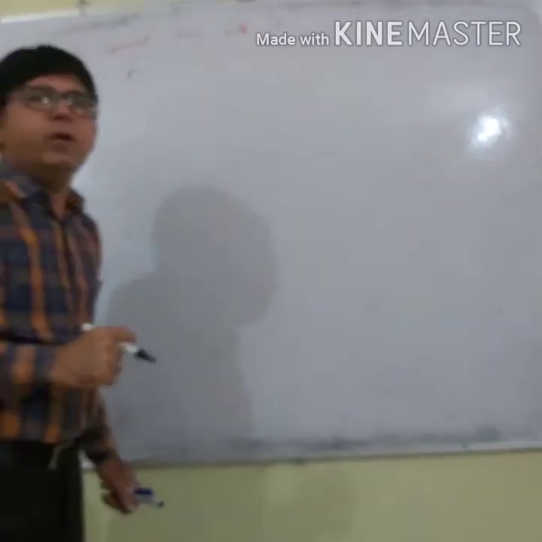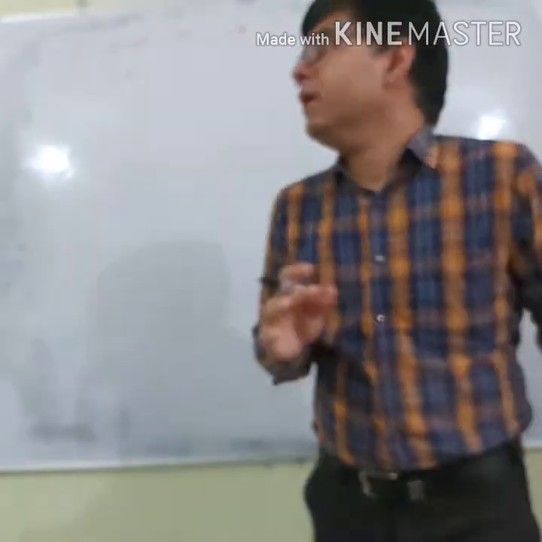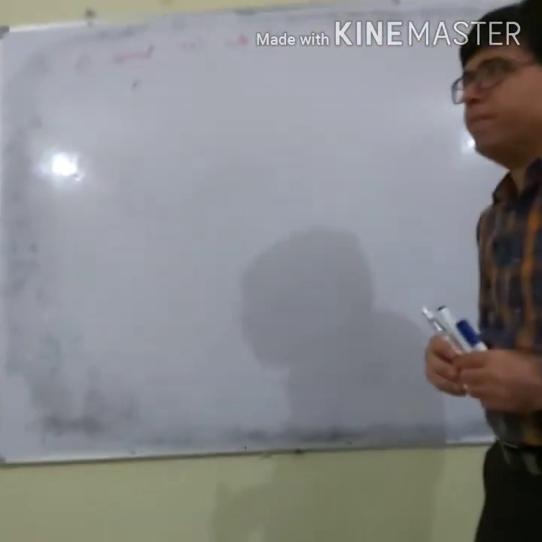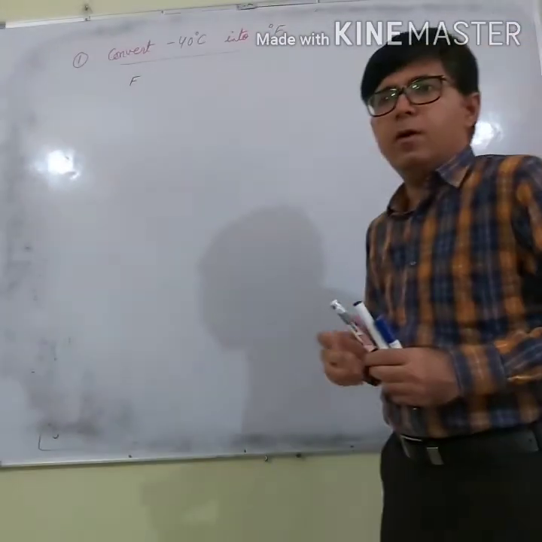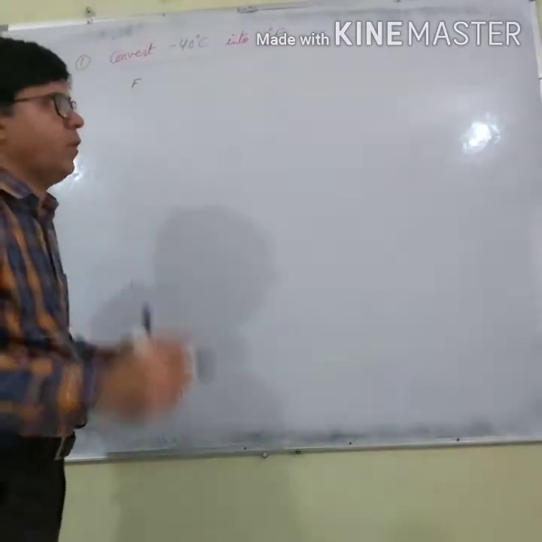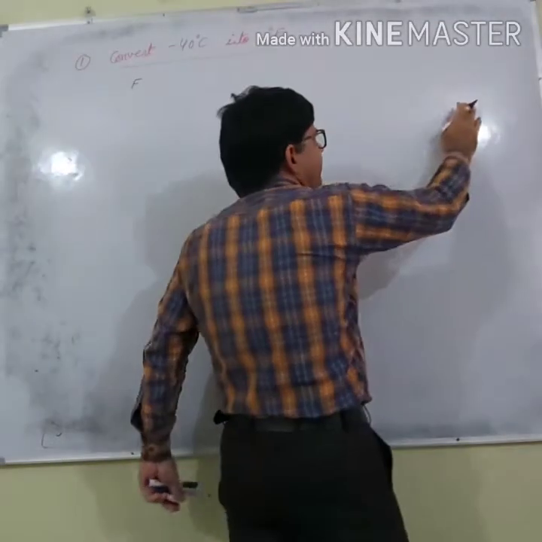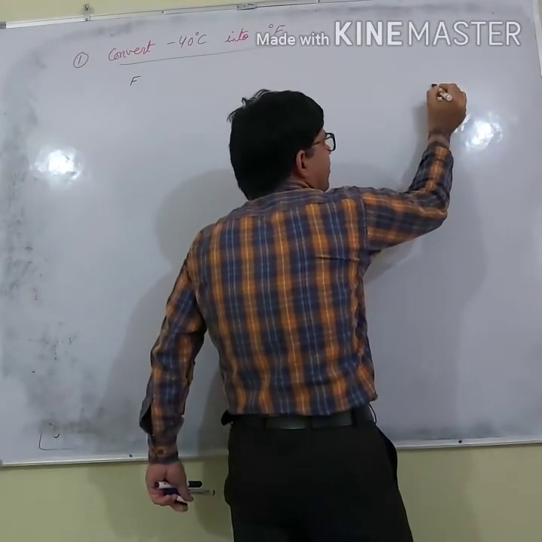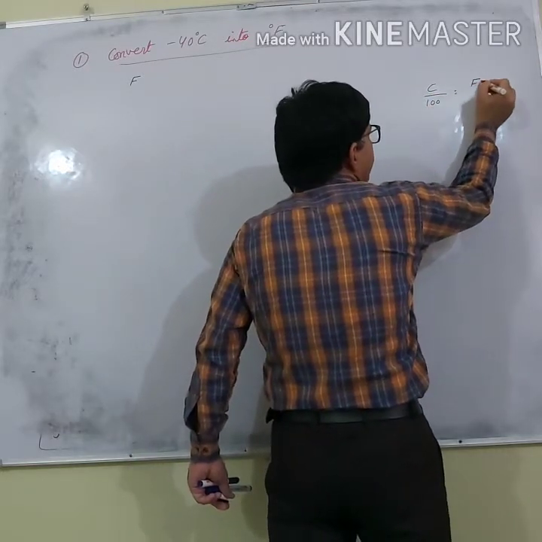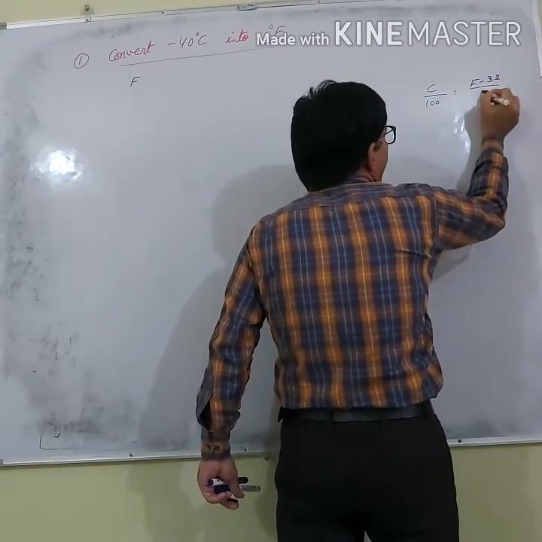Can you tell me how we can convert Fahrenheit into Celsius? Very simple. Only a single formula is there. The answer is simple. I told you this: C over 100 equals F minus 32 by 180.